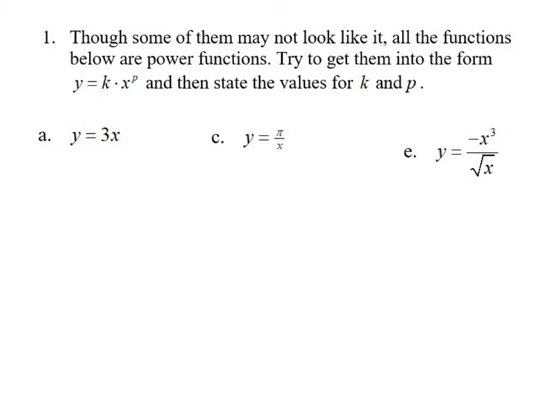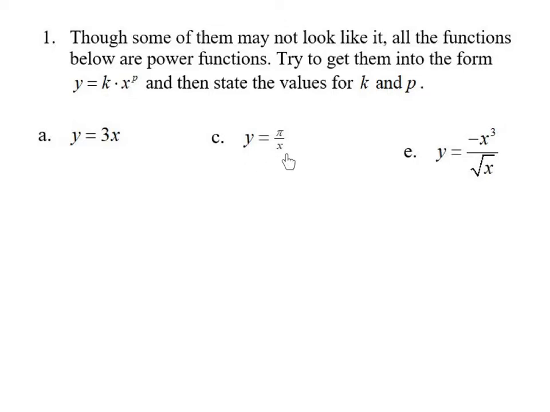So all 6 examples in number 1, you're looking at 3 of them, are power functions. So your job is to figure out what is the k and what's the p. Okay, some of these may be easier than others. Certainly with part A, I think I'll withhold what I'm going to say about that till later, give you a chance to figure out what k and p are for that.